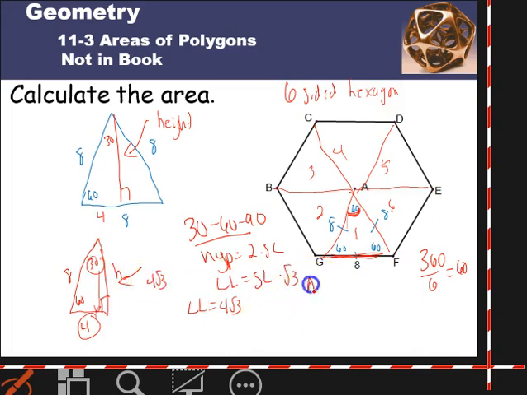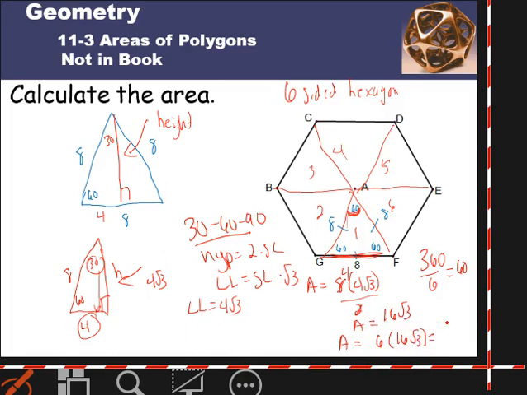So the area of the triangle is the base times the height, which is 4 root 3, divided by 2. And 2 goes into 8 4 times, so I get 16 radical 3 for the area of one triangle. But there are 6 triangles, so I'm going to multiply that by 6. So 6 times 16 radical 3.